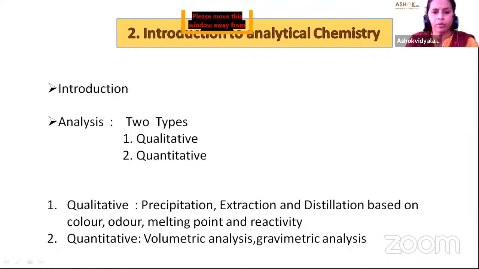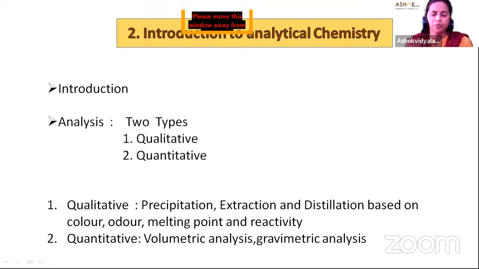Analytical chemistry is of two types, qualitative and quantitative. What is qualitative? You have to perform certain tests where a precipitate will form. You have to extract certain products and investigate them. You have to find the melting point and boiling point to check purity, depending on whether it is solid or liquid.